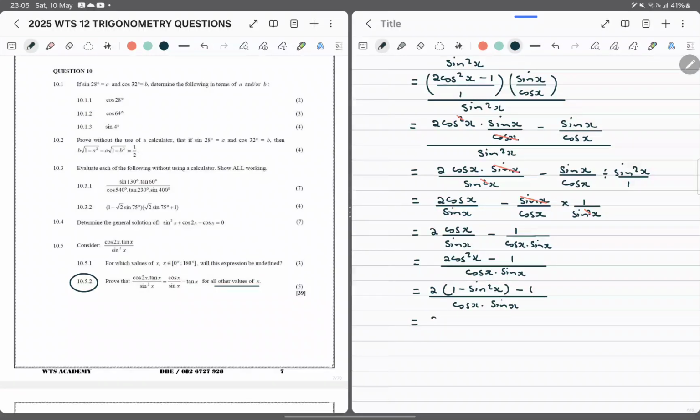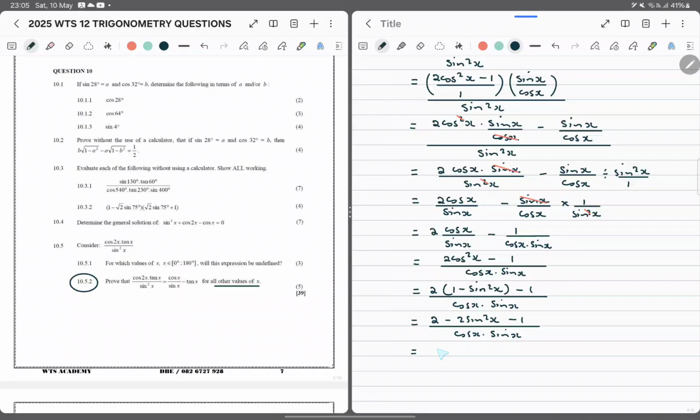So we have 2 minus 2 sine squared x minus 1 all over 2 cos x sine x.